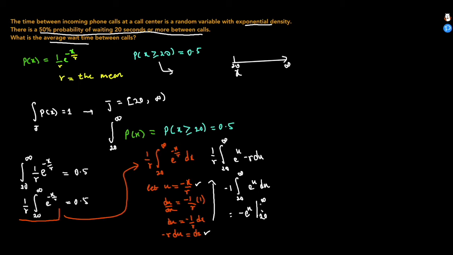But of course we can't just plug in these two values for u because these are values for x, so we gotta bring x back into this. So this is equal to minus e to the minus x over r from 20 to infinity.